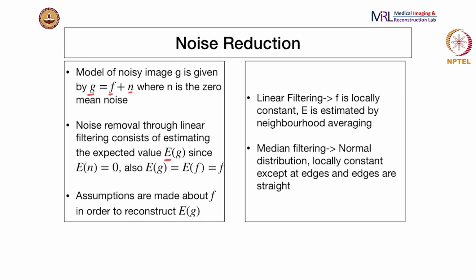We can do that because if we take the expectation on both sides of G equals F plus N, expectation is distributive across addition, so the expectation of G is the same as the expectation of F, the expectation of N being 0.